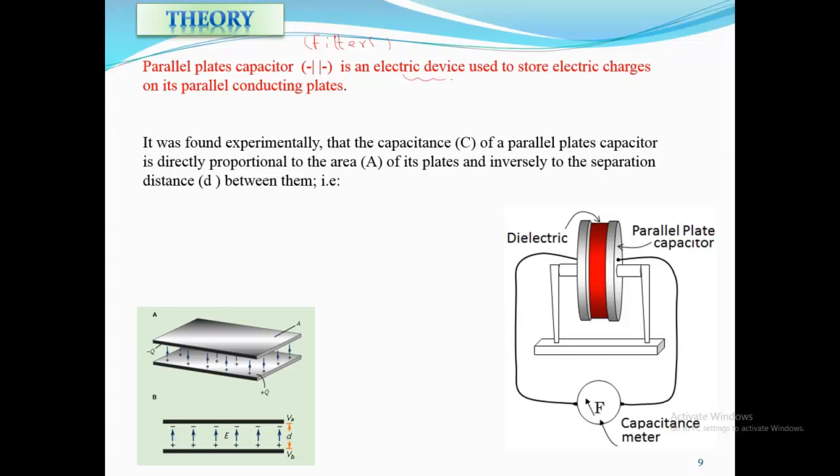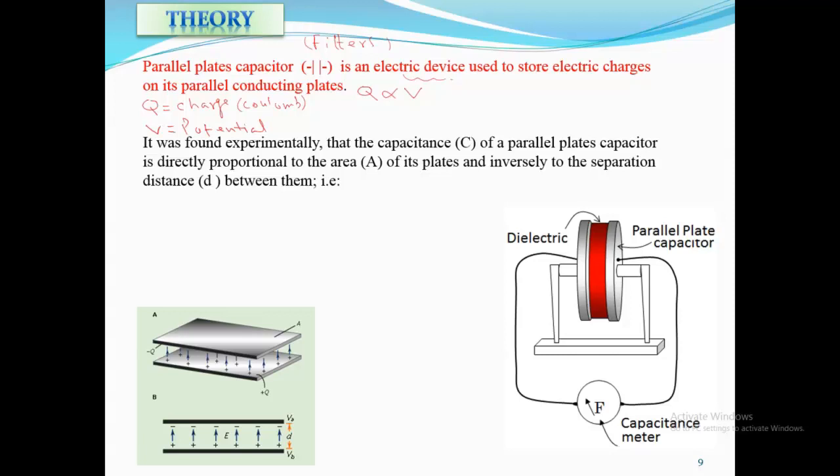If I say Q is the amount of charge on the plates of a parallel plate capacitor, the unit is coulomb, and V is the electric potential which is built across the two plates of the parallel plate capacitor. Then experiments show that voltage is directly proportional to the amount of charge gathering on the plates.